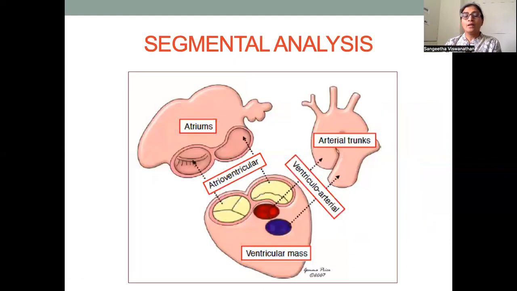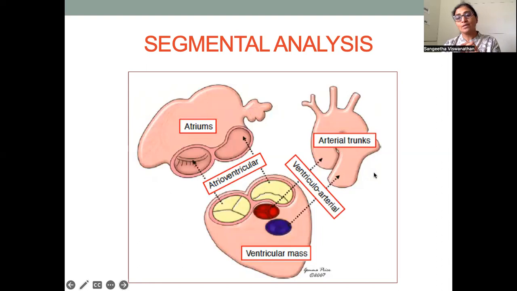Now, when we look at the segments of the heart, how is the heart actually divided into segments? Normally, you have the atria, whichever terminology you want to use: the right atrium and the left atrium. Then the next segment is the ventricles. Between the atria and the ventricles, you have the atrioventricular connection.